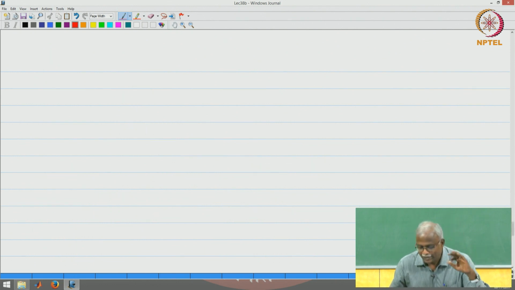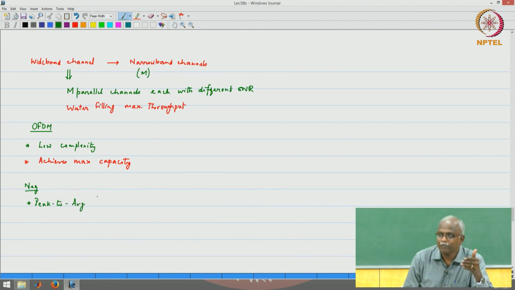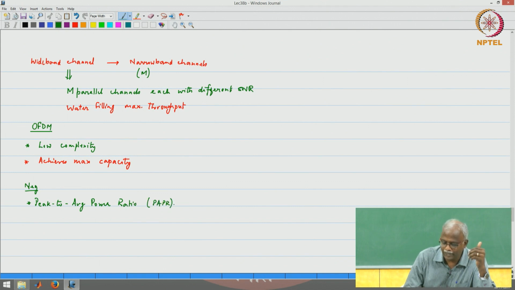So, the only drawback that we have with OFDM, if you want to write down a negative, is the peak to average power ratio, PAPR, and that will affect your power amplifier efficiency, and your overall total power required. There are techniques by which we can address the PAPR issue, but this is probably the only penalty that you pay.